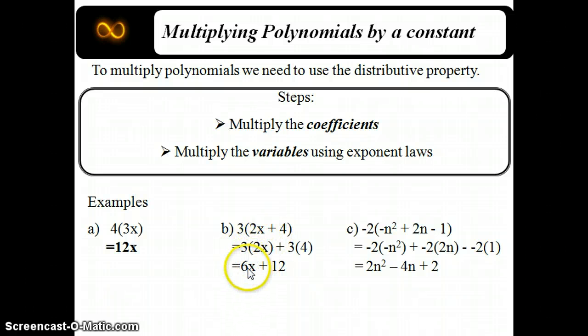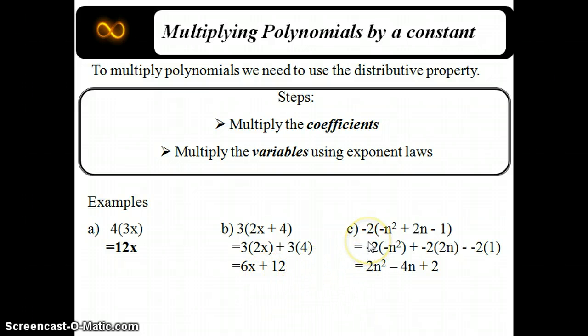X to the power of 1 is just left as x to the power of 1. I take the 3 and I distribute it in to the 4. This is a positive 3 multiplied by a positive 4, and I get a positive 12. So my answer is 6x plus 12, and this is written in standard form. Remember, all answers must be written in standard form.